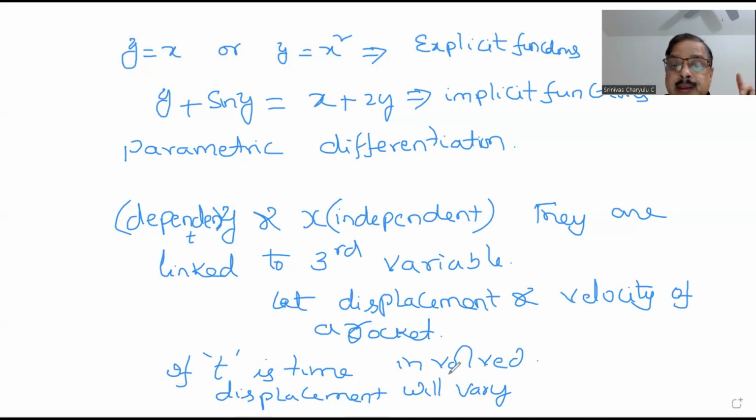Another thing: since displacement is changing with respect to time, velocity is also changing. So displacement will vary, velocity will vary, and velocity also will vary with respect to time.